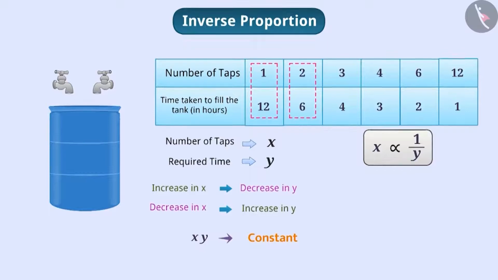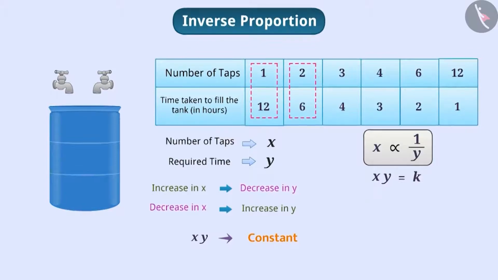In this way, if xy is equal to k for two values x and y, where k is a constant and x is proportional to 1 by y, then we say that x and y are inversely proportional.